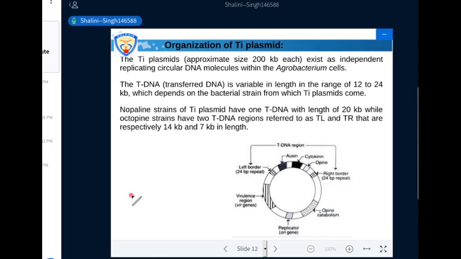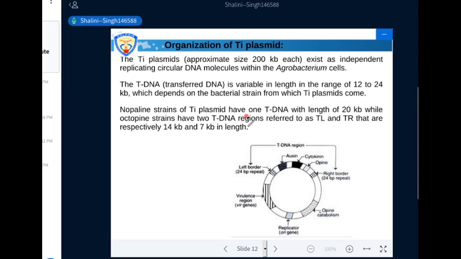Organization of Ti plasmid. Ti plasmid is approximately 200 kb in size and exists as independently replicating circular DNA molecules within the Agrobacterium cells. The T-DNA region, known as transferred DNA, is variable in length, in the range of 12 to 24 kb, which depends on the bacterial strain from which this Ti plasmid has come.